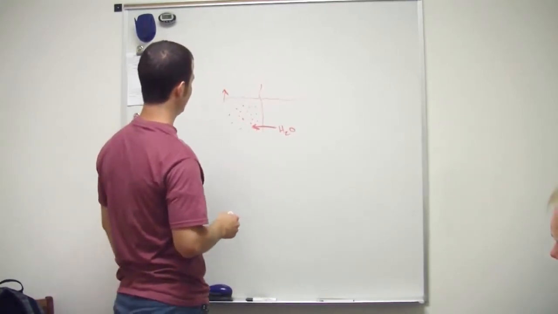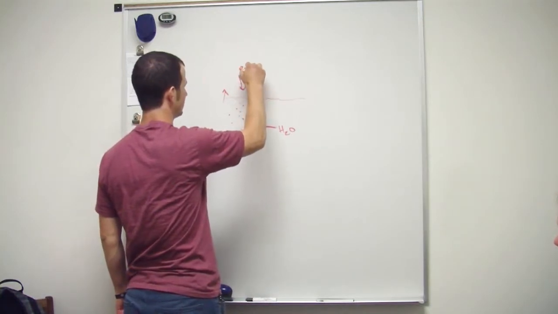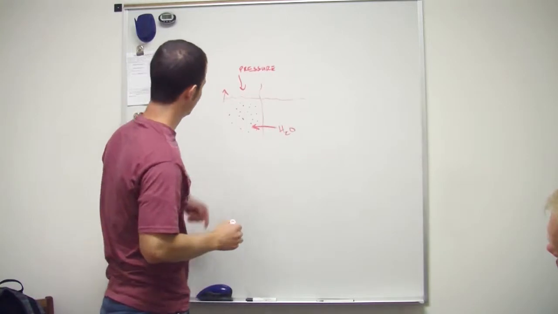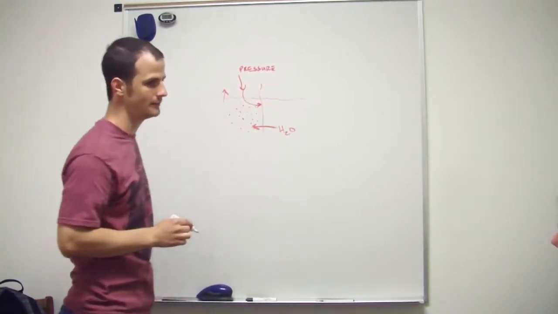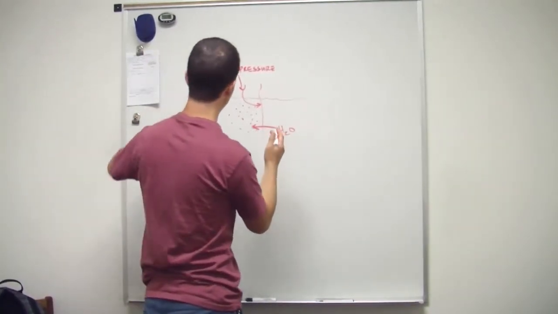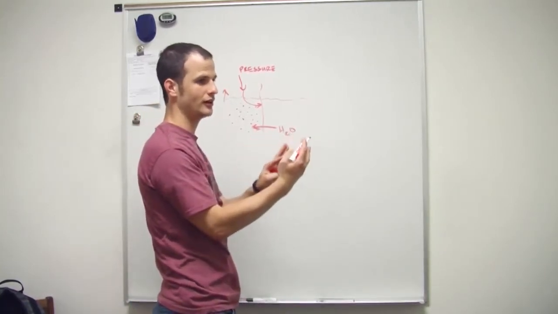Right. And it's going to create more pressure, kind of pushing downwards and against this membrane, right? Right. So eventually the water will stop going this way because the pressure being built up by this water is stopping the water from coming back in.